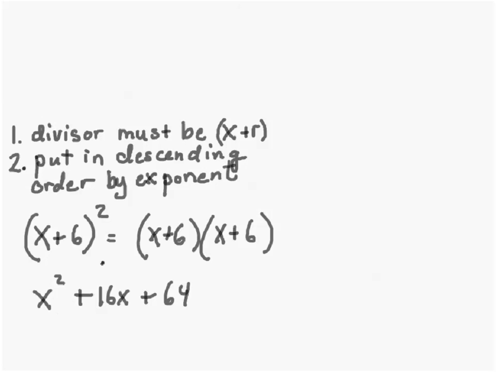X plus 8 squared. Exactly. So another one. What if you have x squared plus 18x plus 81? X plus 9 squared. Exactly.